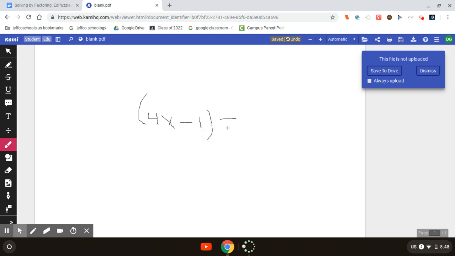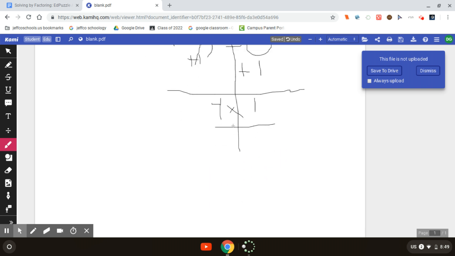You can't easily zero it out, so you put the 0 on it, slap that little line, plus 1 both sides. And then these cancel out. These cancel out. And this goes to 1, this goes to 4x. So what you do, divide them by 4.